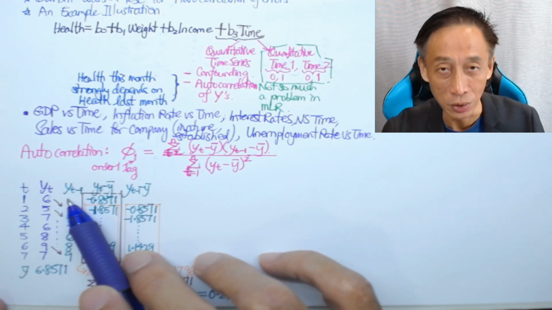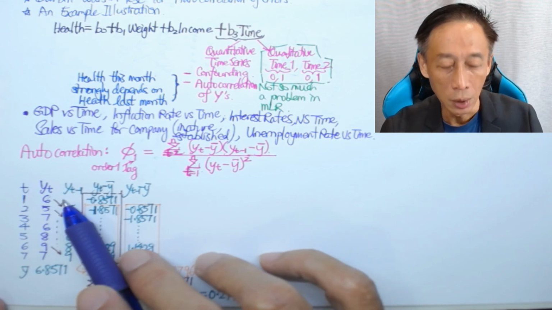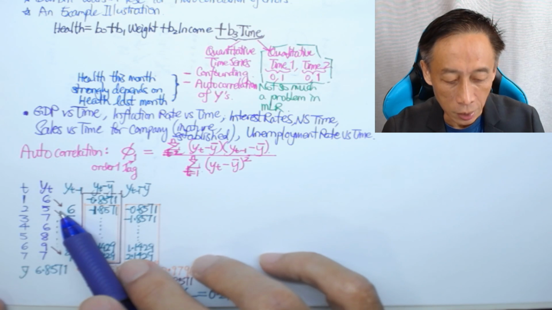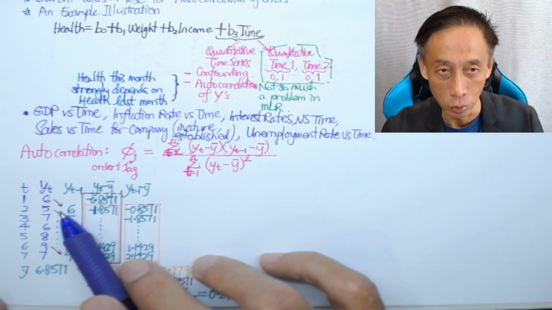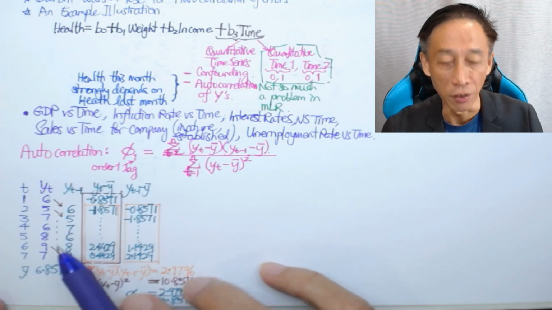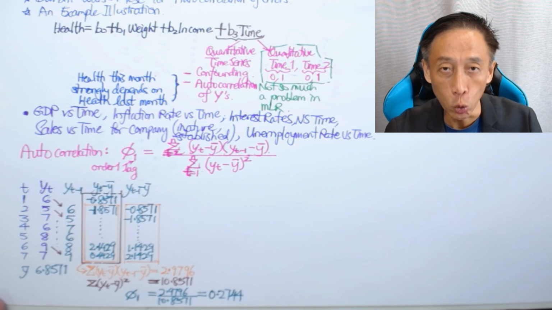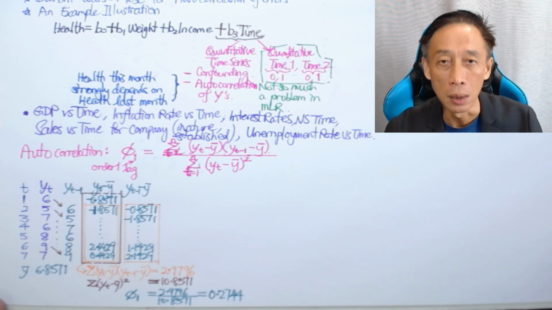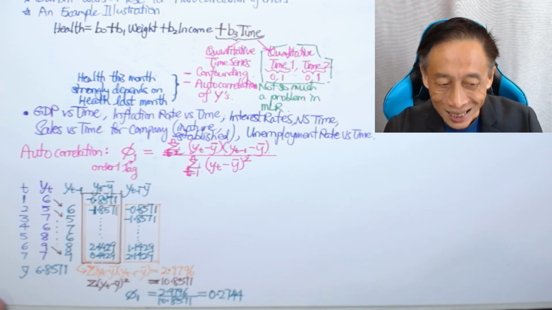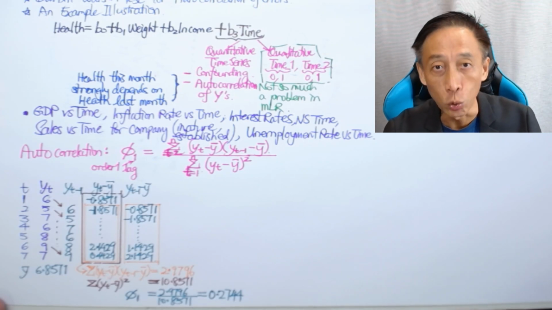Is the residual at time 1 predictive of the time 2 residual, which is itself predictive of the time 3 residual, and so on? If the whole residual series is autocorrelated, whether positively or negatively, that means the residuals themselves are predictable based on past values, correct? Because that's autocorrelation.